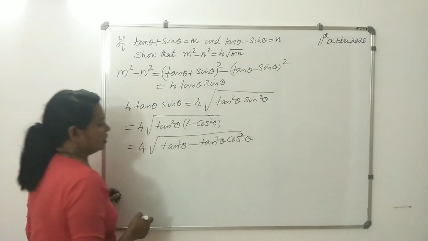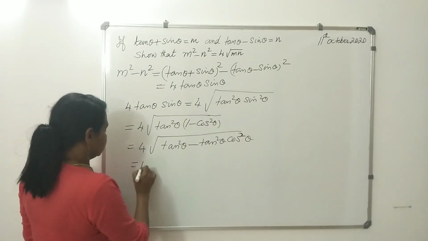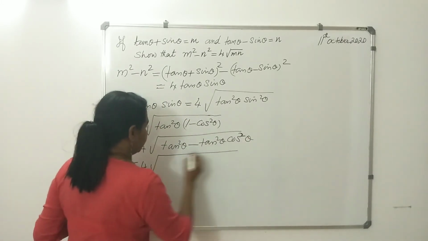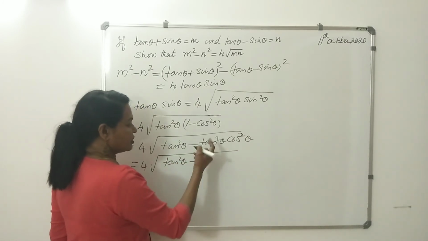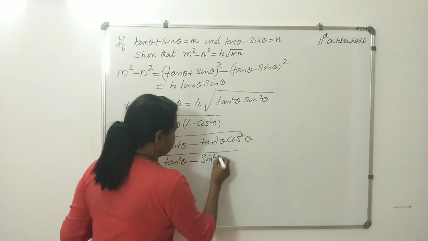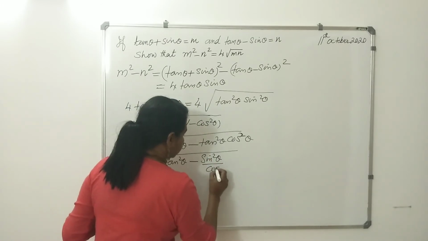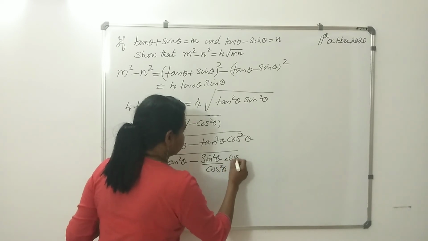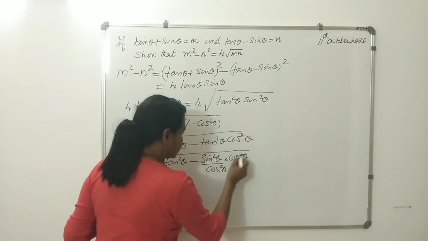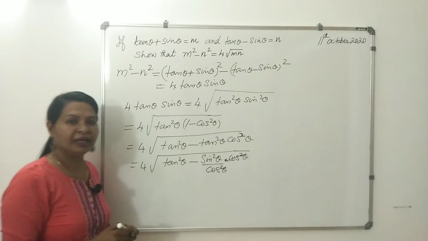Okay. Now 4 into root of tan square theta minus, you know what is tan square theta? It is sin square theta divided by cos square theta into cos square theta. Okay. So this cos square theta and cos square theta get cancelled.